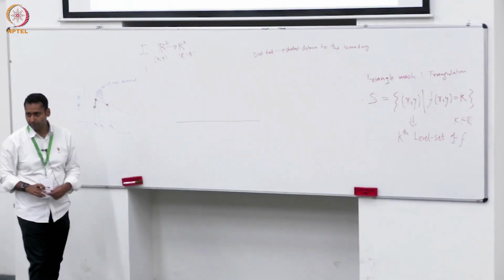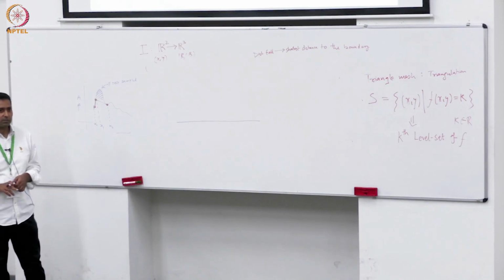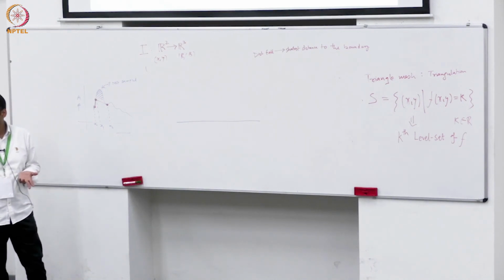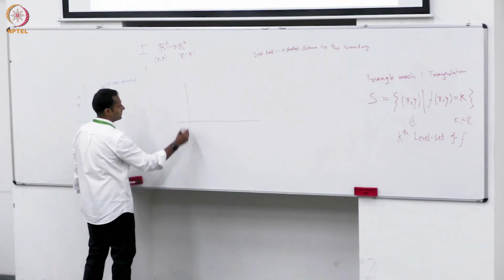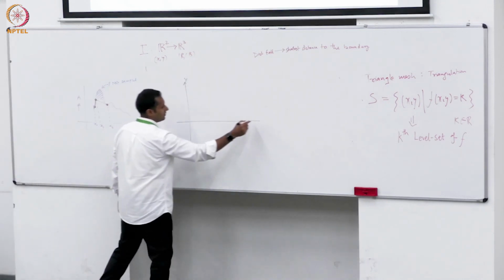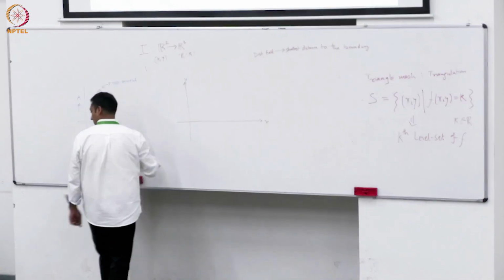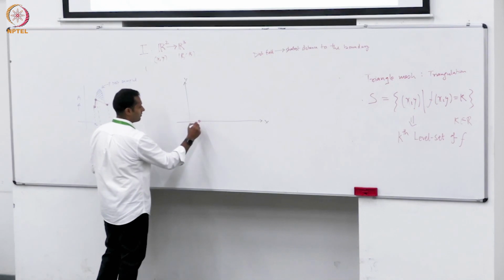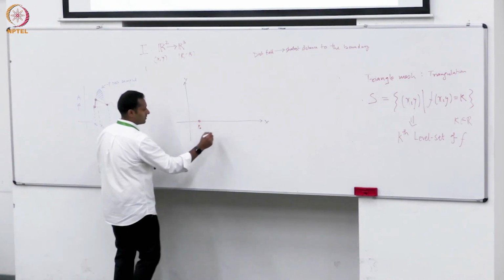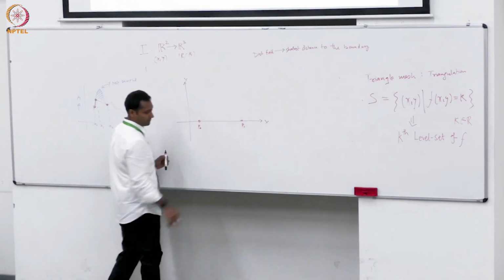So you need a boundary, and a one-dimensional boundary is going to be points, right? So let me say these are my axes, y, x, and for the sake of simplicity, I have 2 points, P0 and P1.